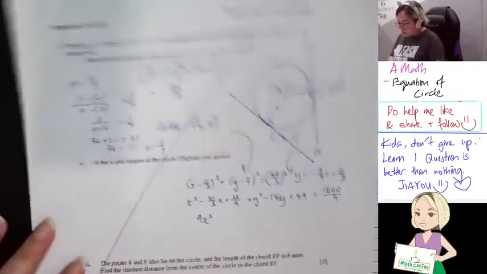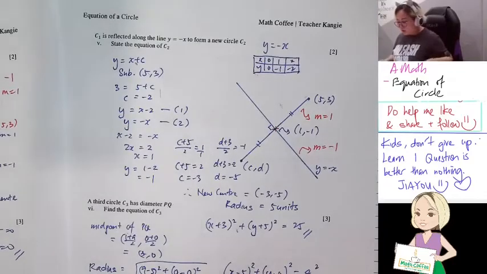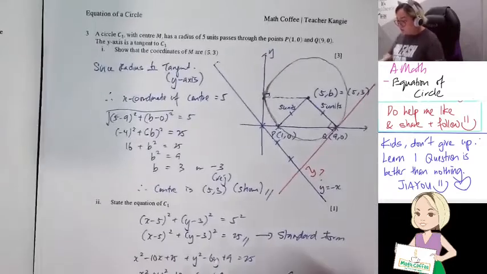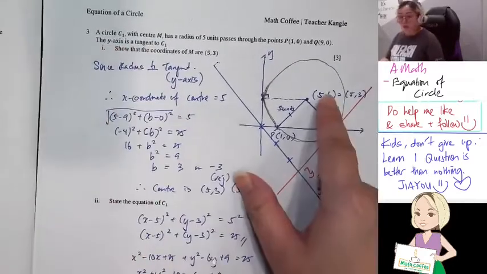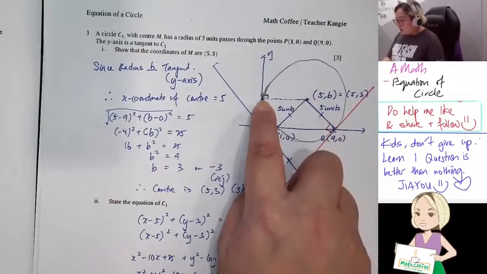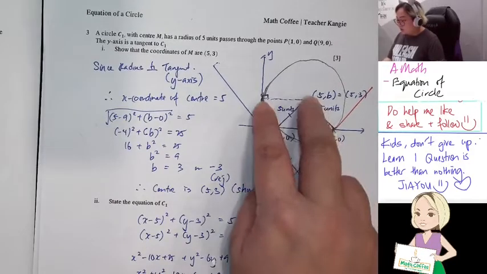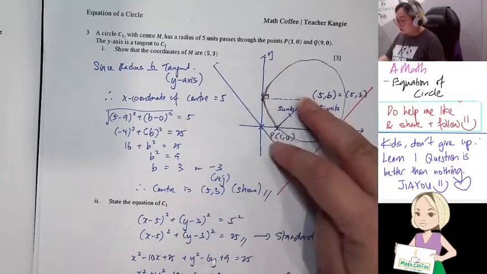Then for this question 3, where's my question 3? For this question 3, the y-axis is a tangent to the circle. So over here, the center's x-coordinate is straight away the 5 units, because of the radius.